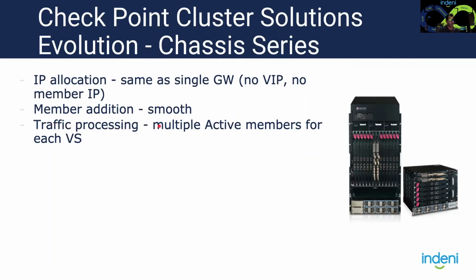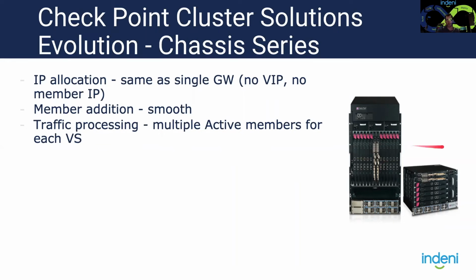Traffic processing has a dramatic characteristic: multiple active members for each VS. Even if you have a VSLS, for example, you have a VSX with 2 VSs. VS number 1, let's say, is active on chassis 1, and VS number 2 is primary and active on chassis 2. All the members on chassis 1 will process traffic for VS1.